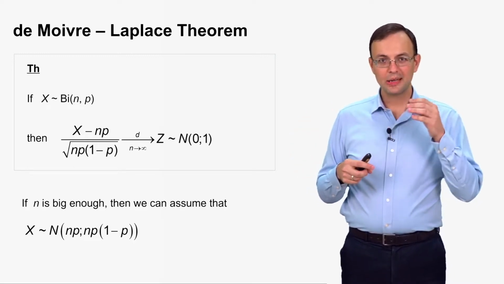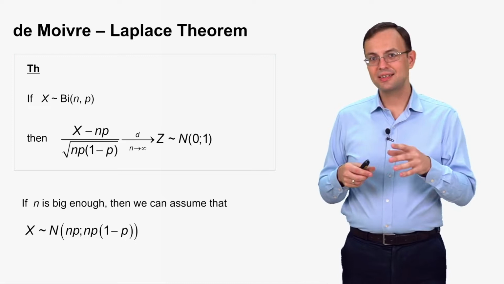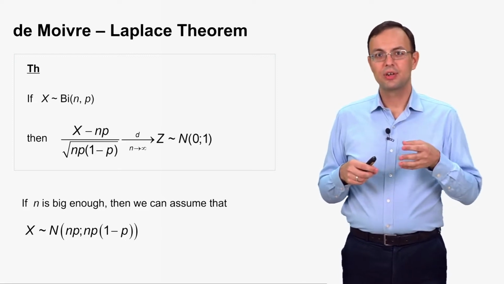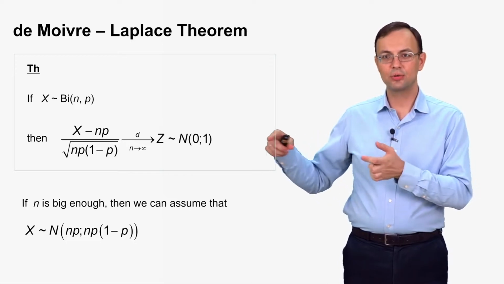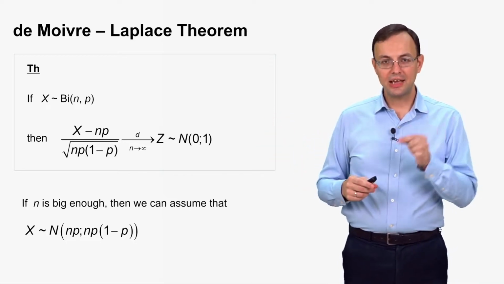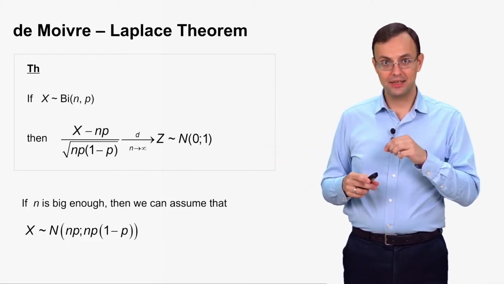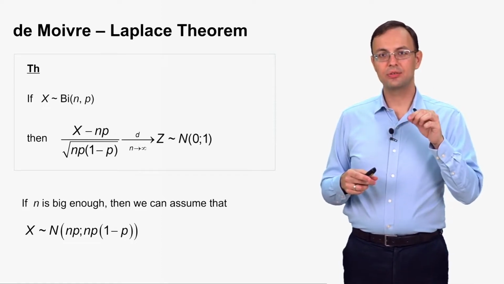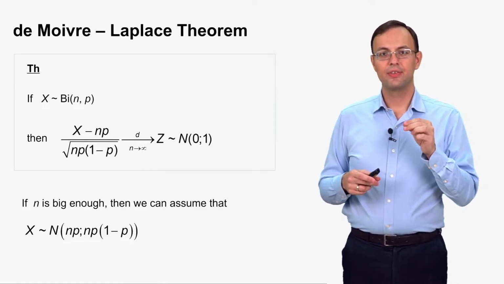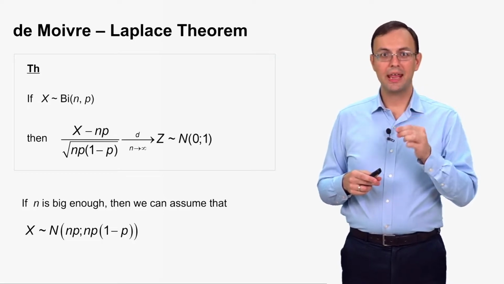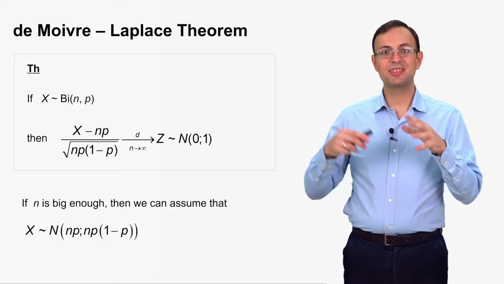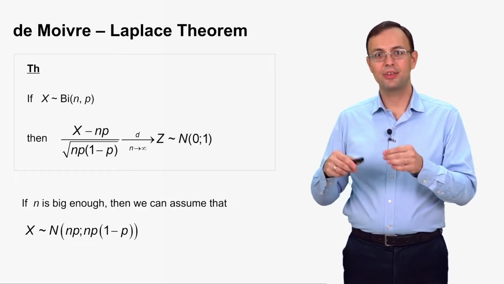Let us introduce random variables X1, X2, X3, X4, and so on up to Xn, such that Xi is equal to 0 if there is a failure in the ith trial, and equal to 1 if there is a success at the ith trial.